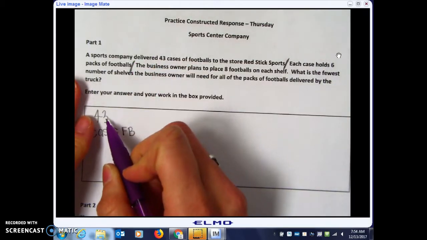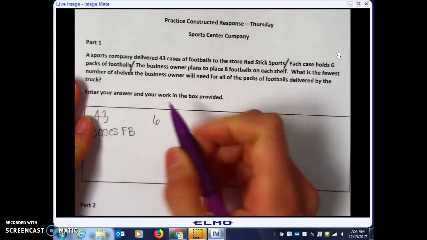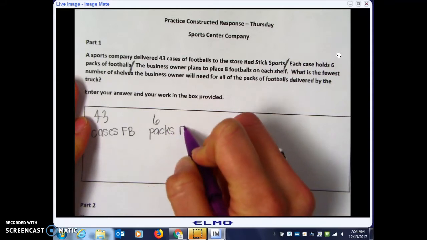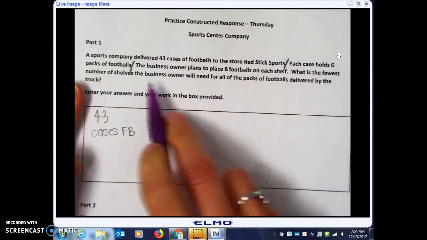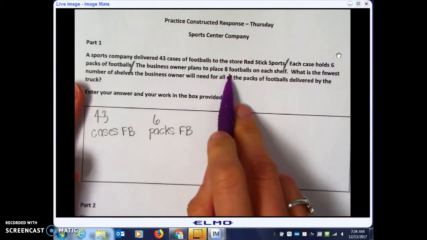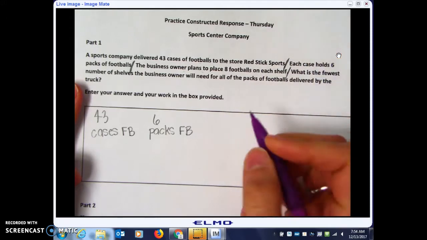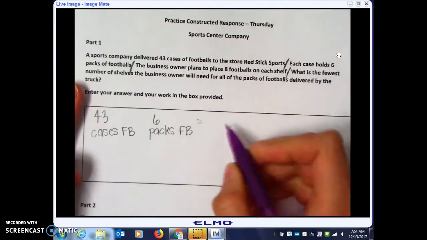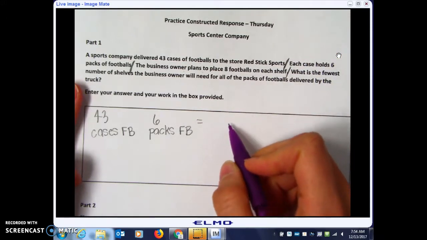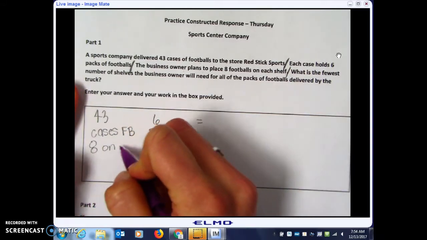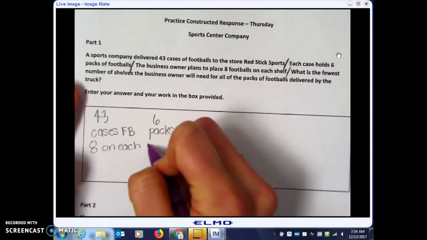So each case holds 6 packs of footballs. The business owner plans to place 8 footballs on each shelf. So then he's going to place 8 footballs on each shelf.